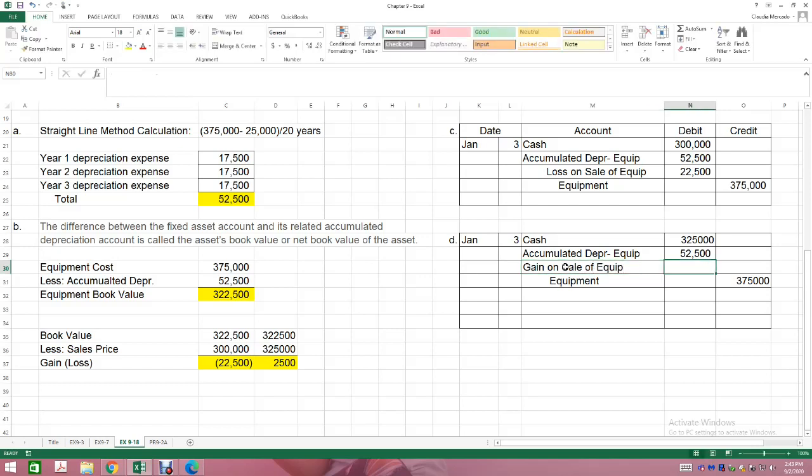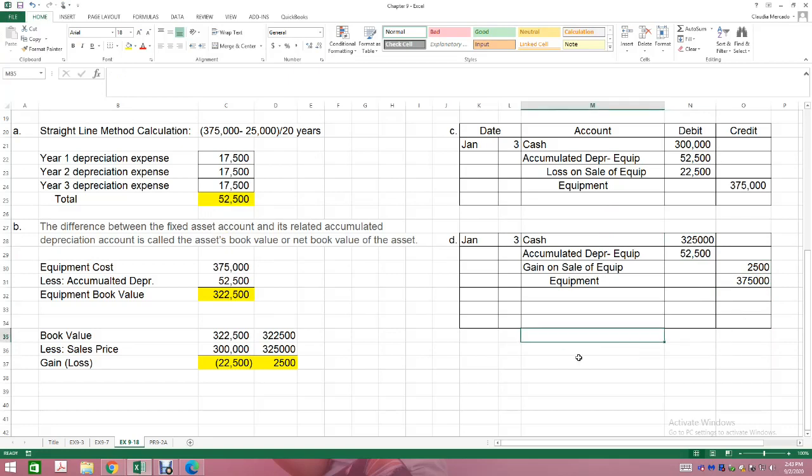So we had a gain of $2,500. And if we have a gain, we credit. And we just need to make sure that our debits equal our credits. 377,500. 377,500. Very good. So yes, my debits equal my credits. So I'm good there.